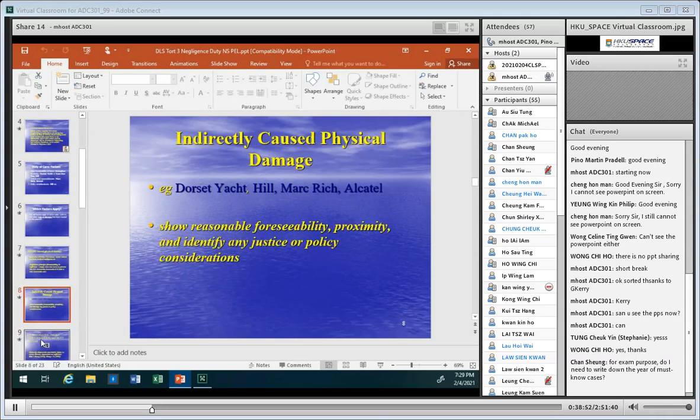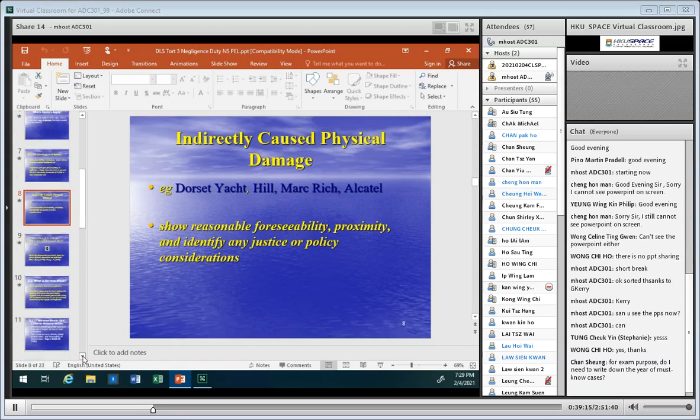Indirectly caused physical damage, this is the rather dubious distinction the courts made, particularly in the Mark Rich and Alcatel cases. If it is indirectly caused physical damage, you've got to show reasonable foreseeability, proximity, and there may be other factors. Again, don't worry about this particular PowerPoint. It's just the courts wrestling with this idea.